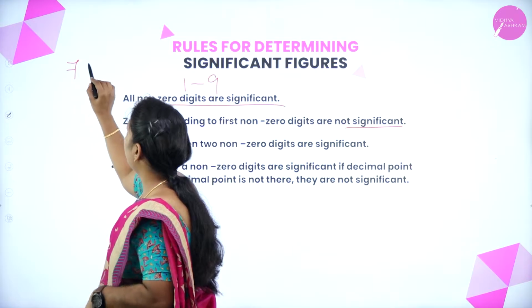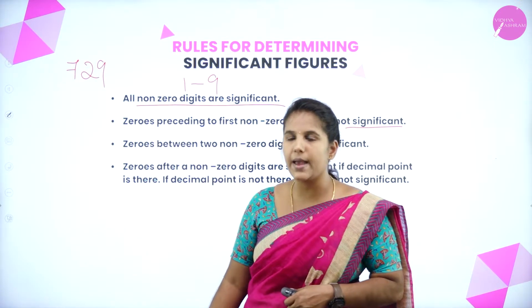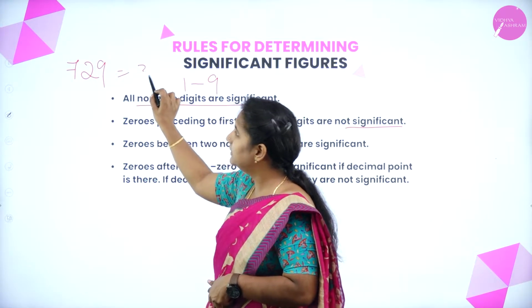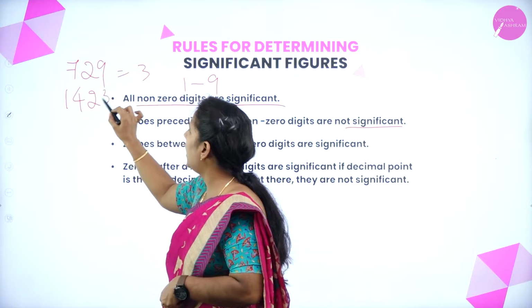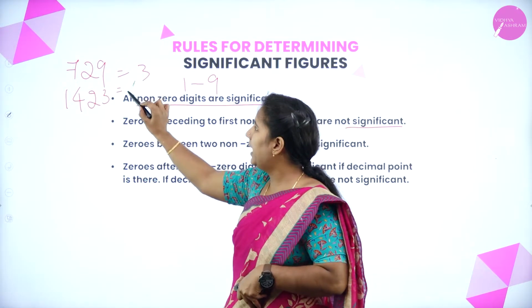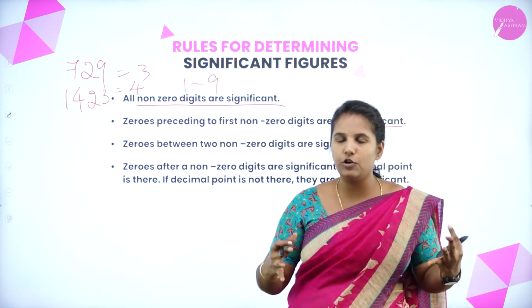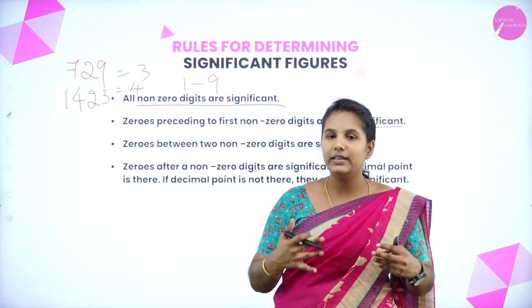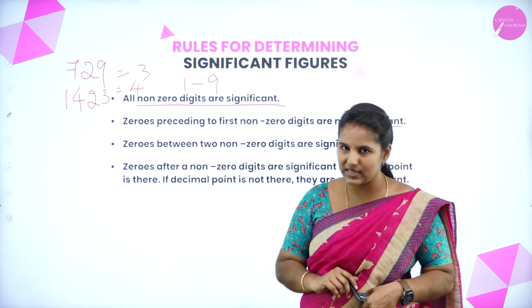Example, 729. How many significant figures are there in the above example? There are only 3. Okay? 1423. How many significant figures are there here? 4. Like this, any number from 1 to 9 except 0, those numbers are significant. So, all non-zero digits are significant.